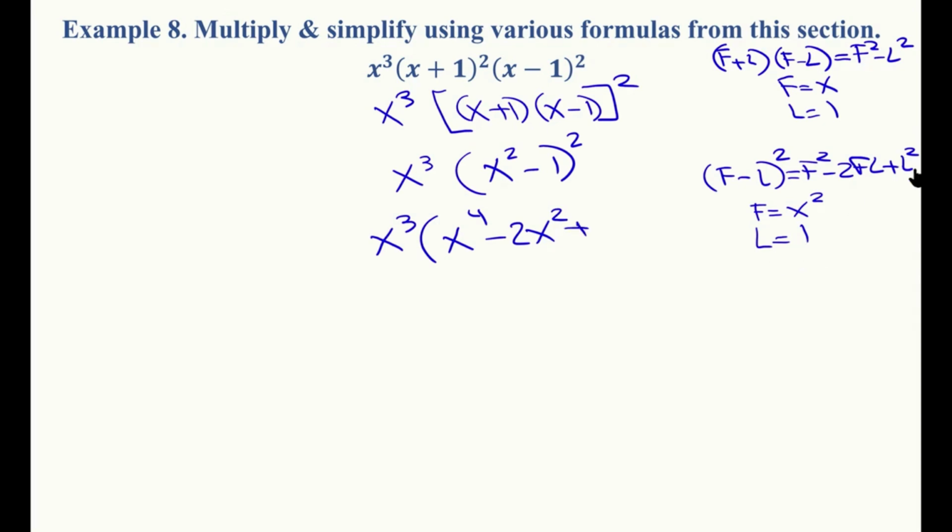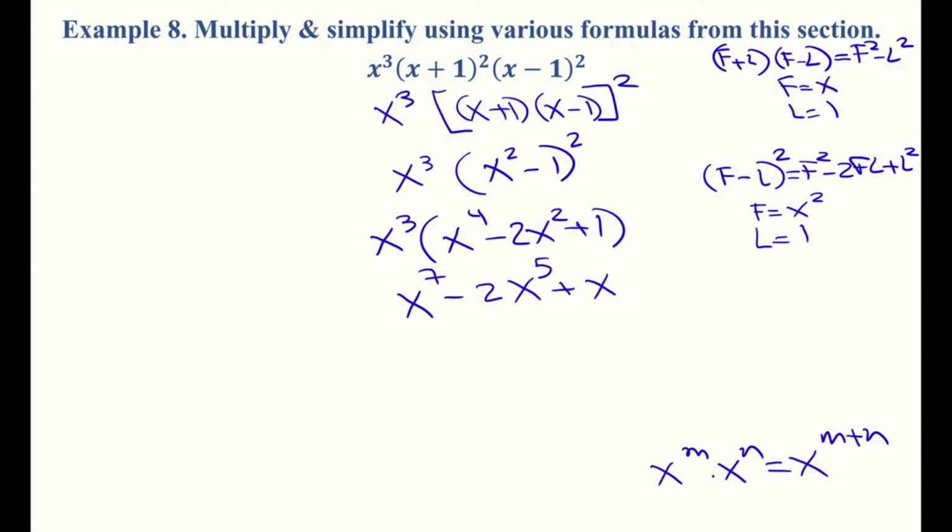Remember, L is 1, so L squared is also going to be 1. And now we're going to go ahead and distribute the x cubed. So we get x to the 7. Remember, we're using x to the m times x to the n equals x to the m plus n formula, the product rule. So we get x to the 7 minus 2x to the 5 plus x cubed.